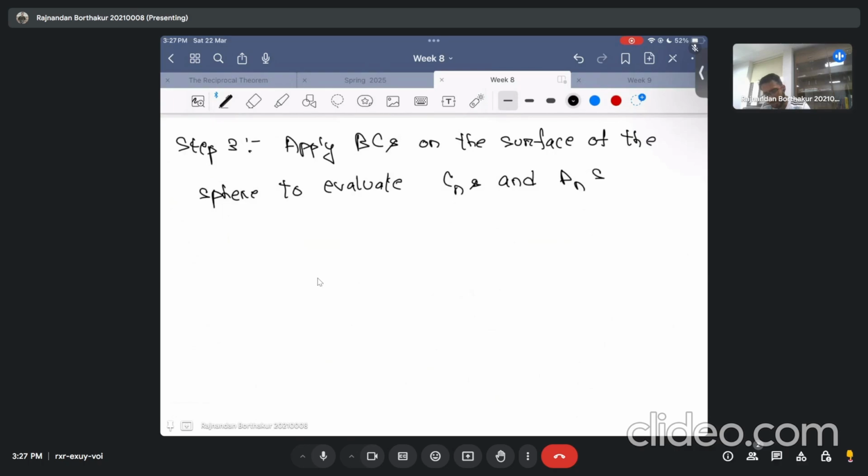And once CNs and DNs are known, you can appreciate that you know the entire stream function, meaning that you know everything. Once the stream function is known, you know the velocity field from the relationship between velocity and stream function.